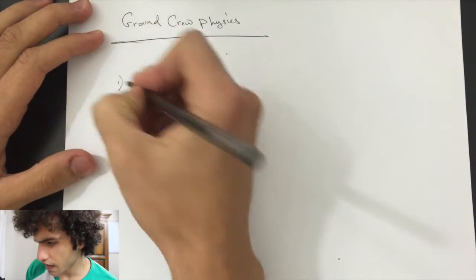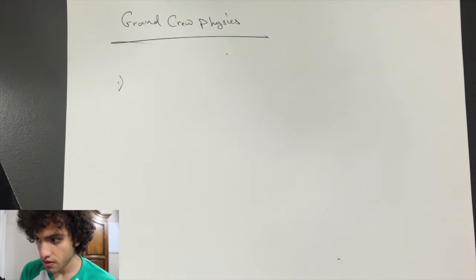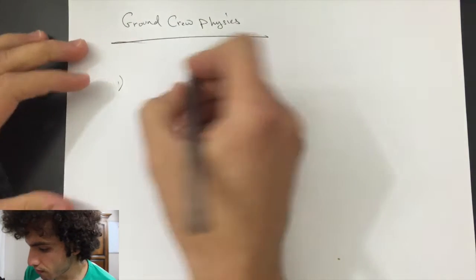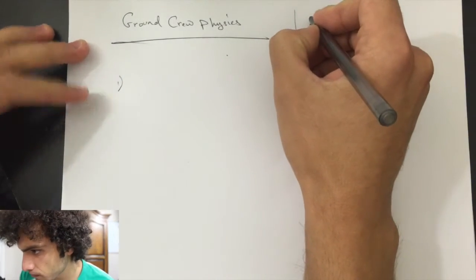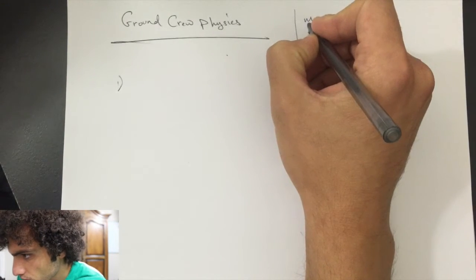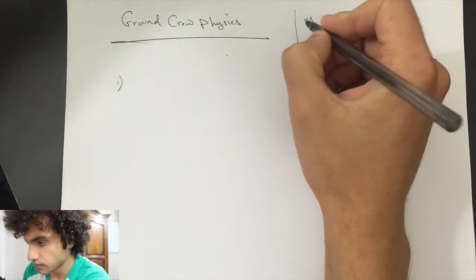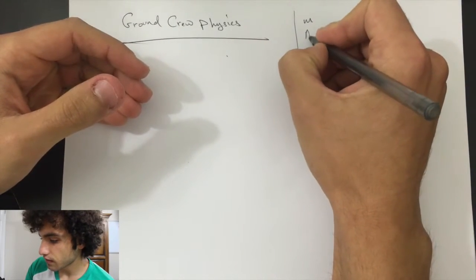So the first thing they asked us was determine the average angular acceleration during the spin up. Okay. So let's look at what they gave us in the question. They gave us the mass, and they gave us the time while it was accelerating.